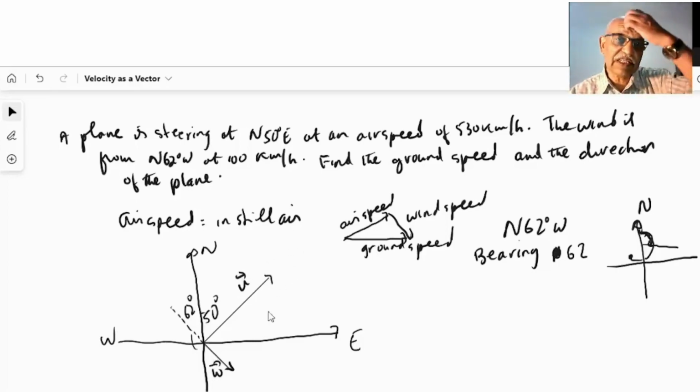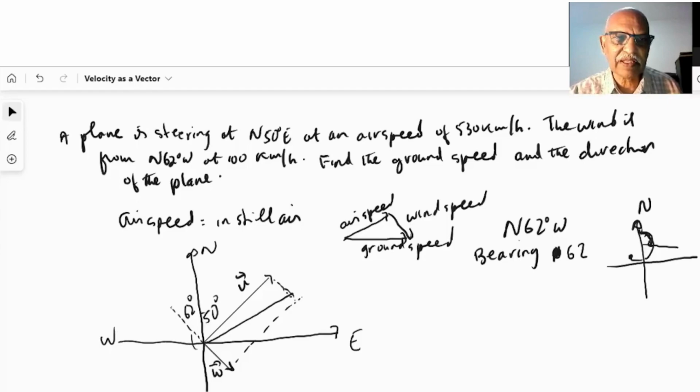Therefore now the resultant will be, we make a parallelogram with this one here. So this will be my resultant, which is the ground speed, the ground vector.